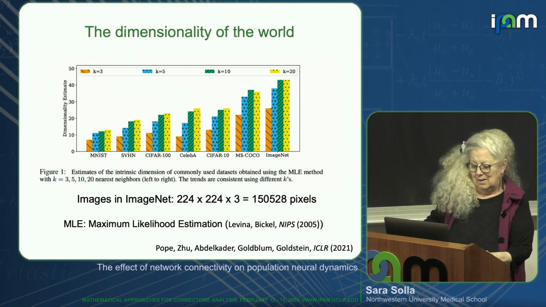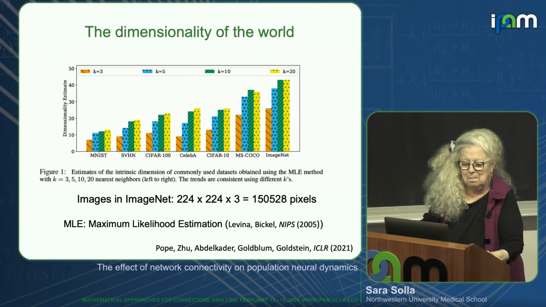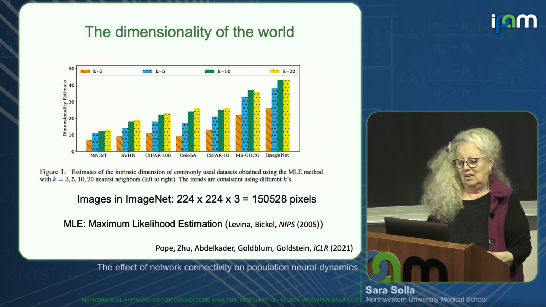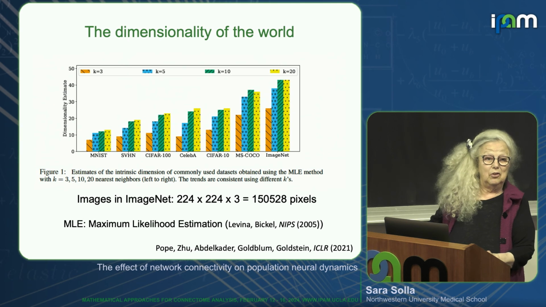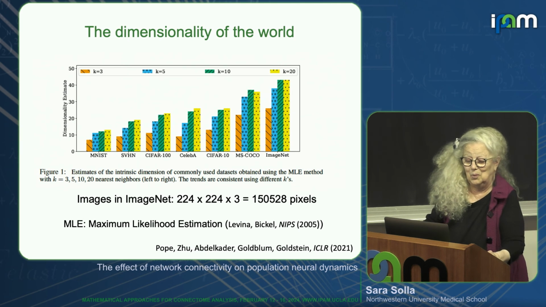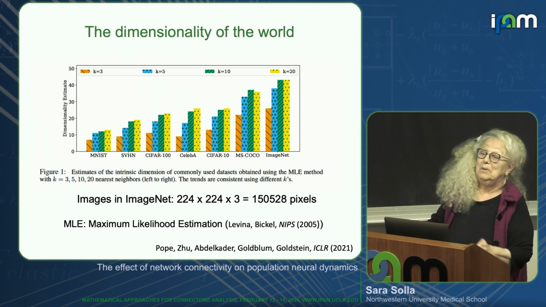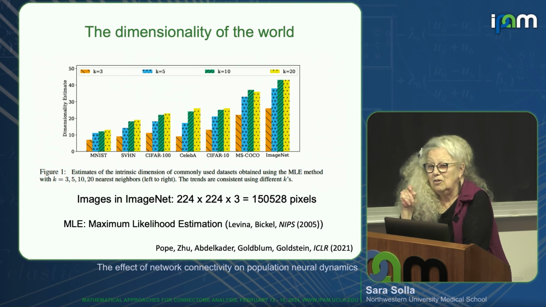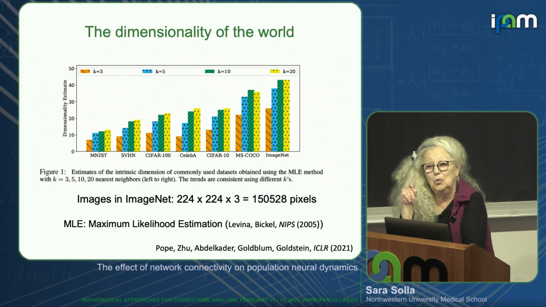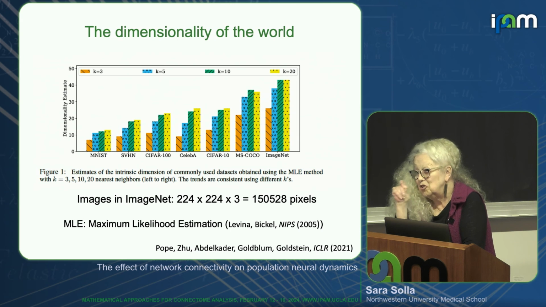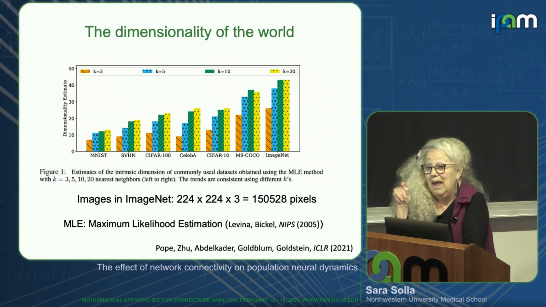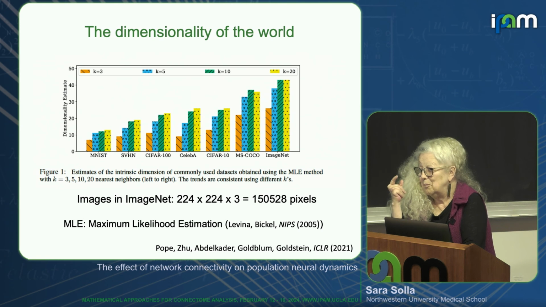This is a paper that appeared in ICLR in 2023. What these guys did, they used a very well-established method, called the maximum likelihood estimator by Levina and Bickel. This is a method that doesn't find the nonlinear manifold, but gives you a very good estimate of the dimensionality of the nonlinear manifold in which a given cloud of data lives. I don't know if you remember the old paper by Grassberger and Procaccia.